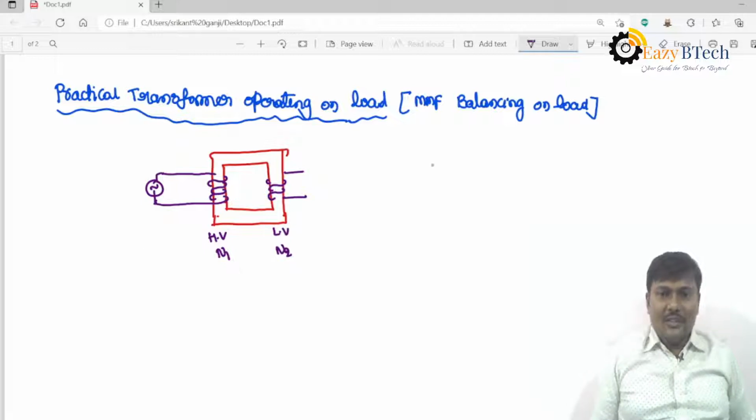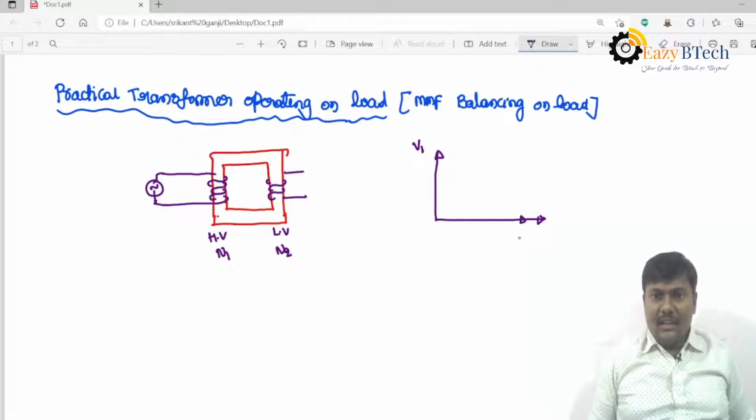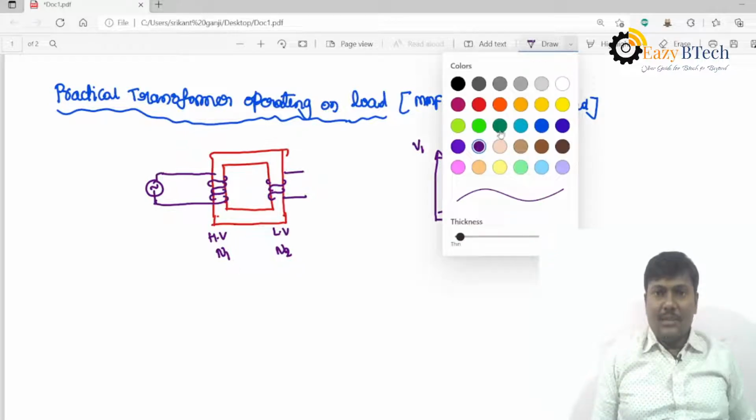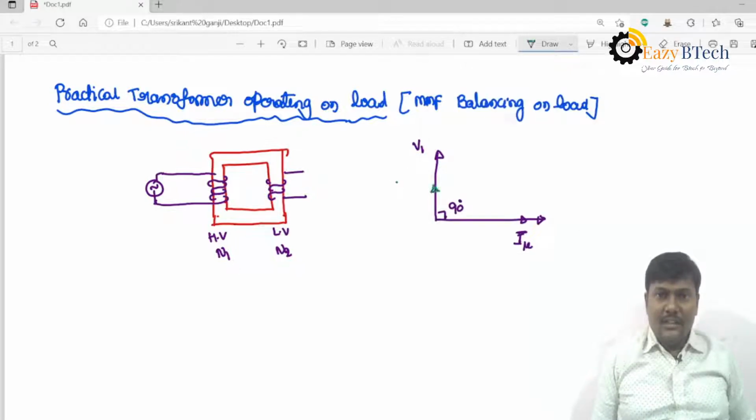From the previous lecture, if you draw the phasor diagram, the angle between the supply voltage and the magnetizing component of current is 90 degrees. The wattful component of current is in phase with the supply voltage, that is called the active component of the current.